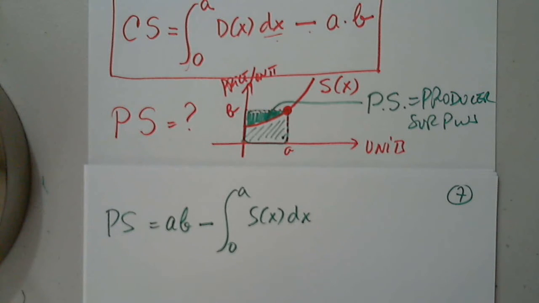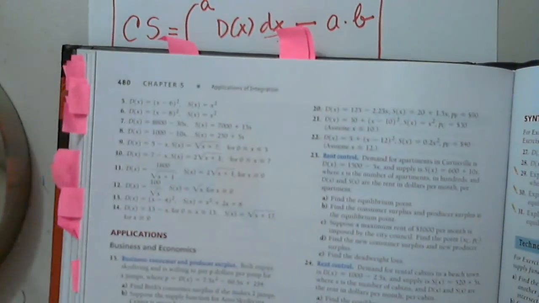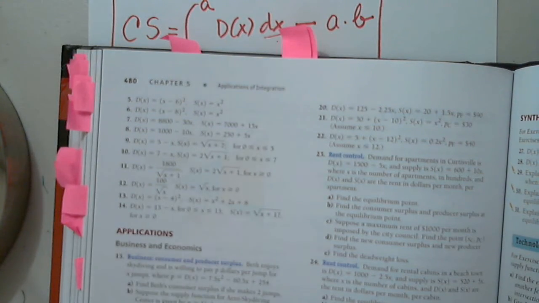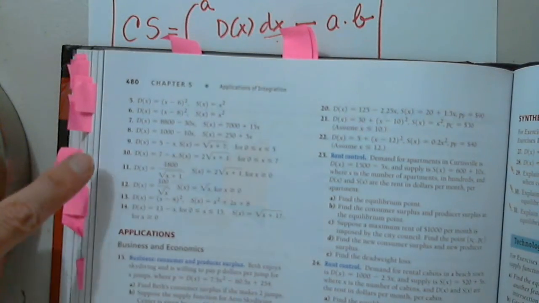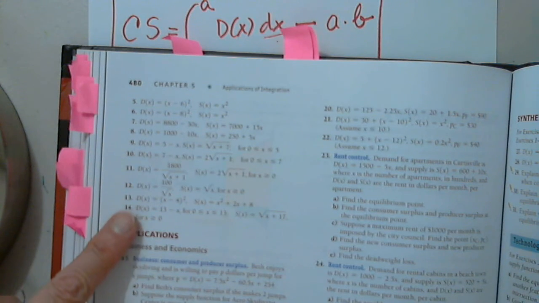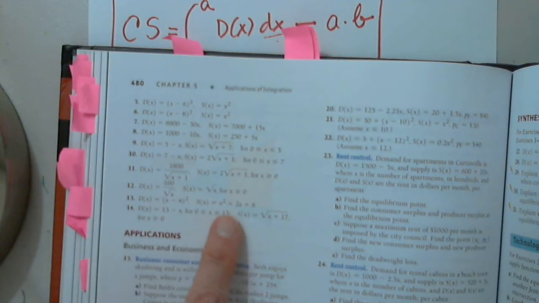So let's start with just a simple application, and then we will look at the word problems. I'm looking at these first, and then business applications, rent control, whatever. Let's start with 13.